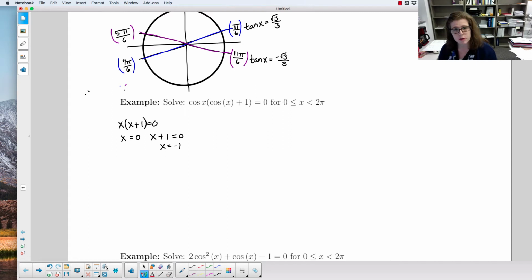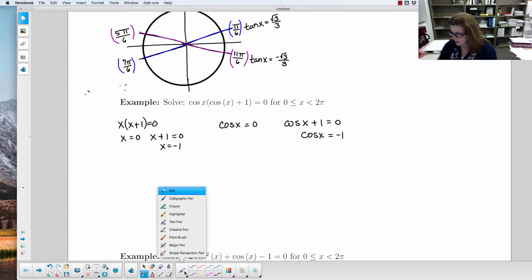Same thing's true with trig functions. So we can take each piece and set it equal to 0. So that means we're looking for the angles that make cosine x equal to 0, and we're looking for the angles that make cosine x plus 1 equal to 0, or cosine x equal to negative 1.